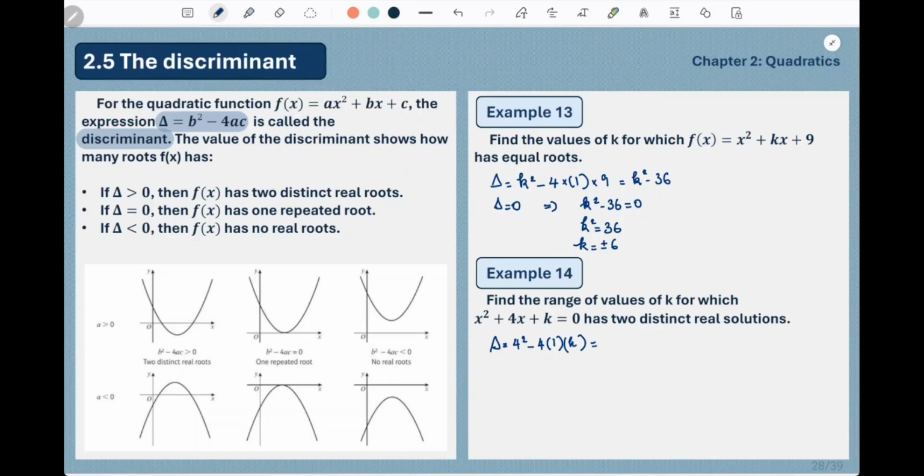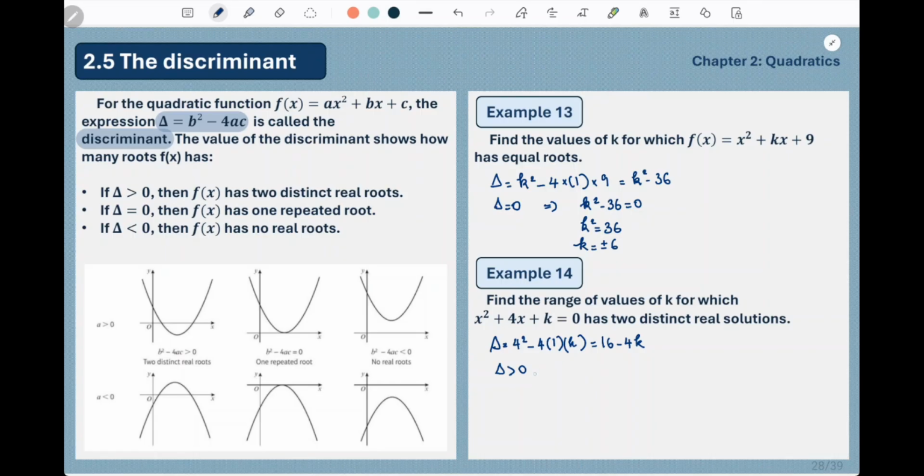So it's 16 minus 4k, right? The condition is that it has two distinct real solutions, so it falls into this category over here. So when the discriminant is more than 0.